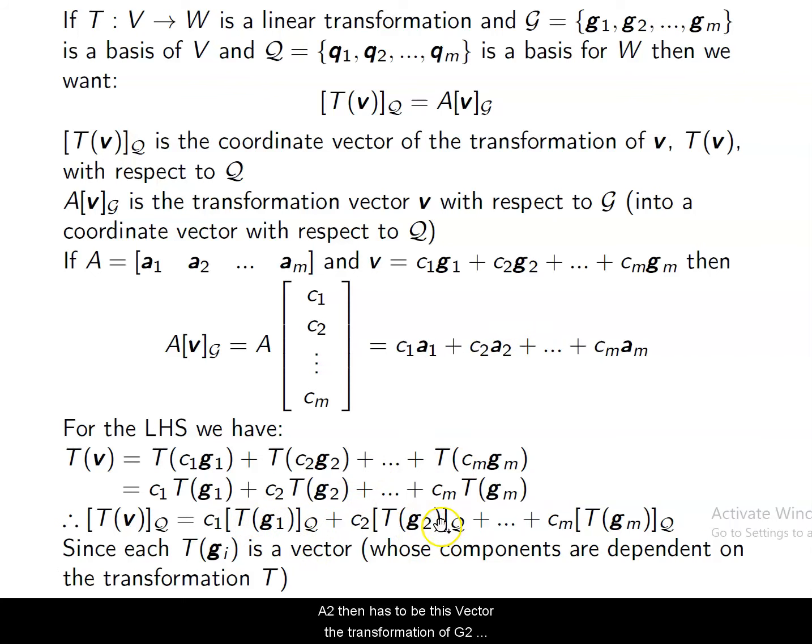A2 then has to be this vector, the transformation of G2 under the representation of Q. A3 would need to be the transformation of G3 under the representation of Q.